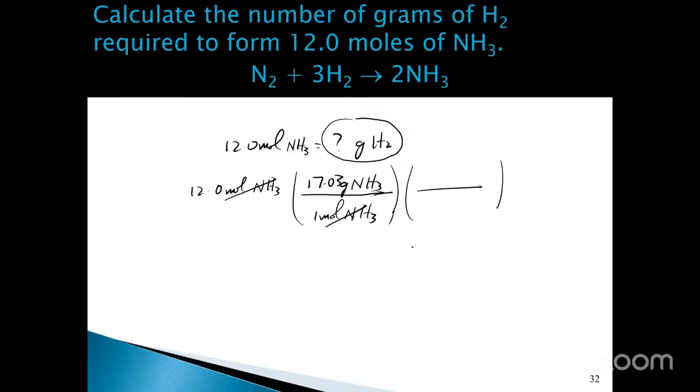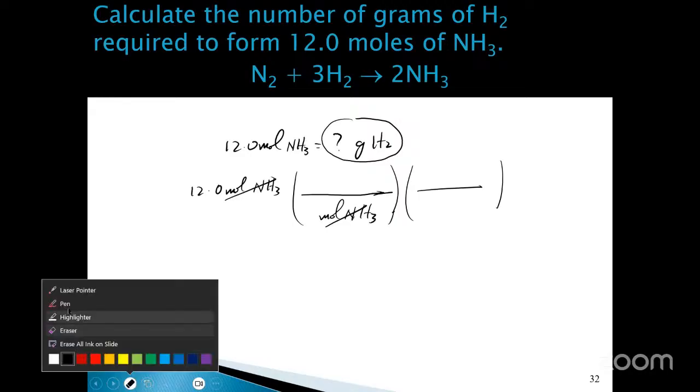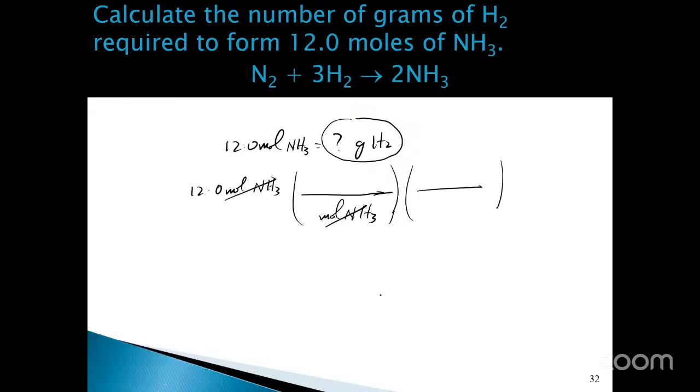Oh, wait a minute. I made one big mistake. I must apologize for that. First, we have to do a mole-to-mole calculation, based on the moles of ammonia and the moles of hydrogen.